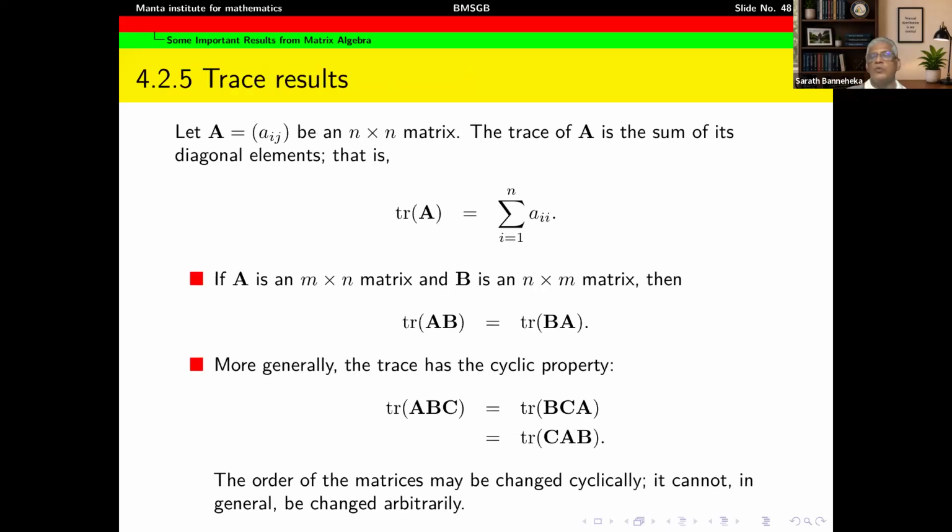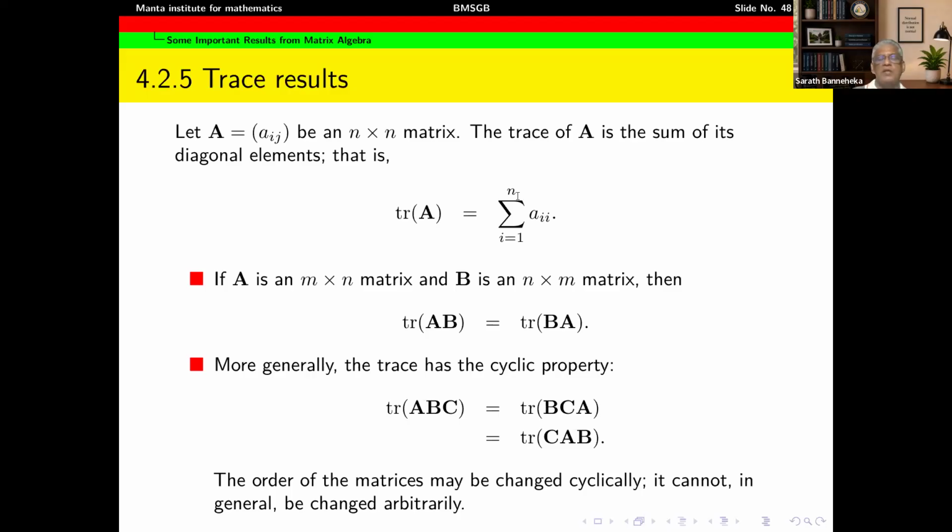Right. Now we look at some results regarding the trace of a matrix. You know, trace is the sum of the diagonal values. Let A be an n by n matrix. The trace of A is the sum of its diagonal elements. We write it as tr(A), which is equal to the sum of all the Aii terms, i from 1 to n.